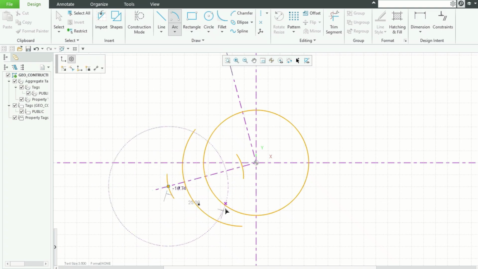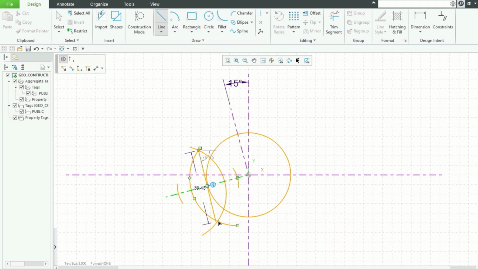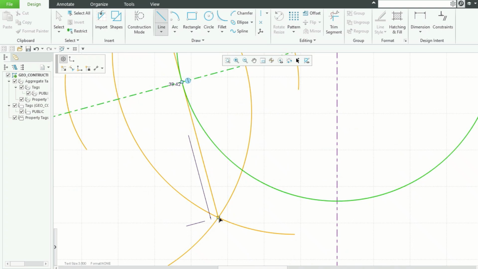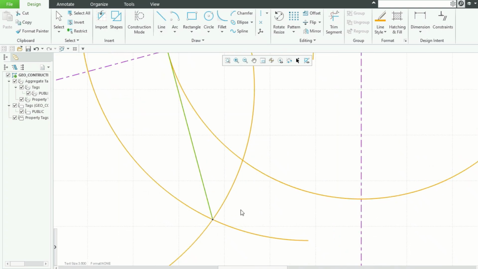Let's cross it so that we can find out the midpoint. That midpoint is actually the normal at this point. Let's draw this line to the intersection of these two lines.